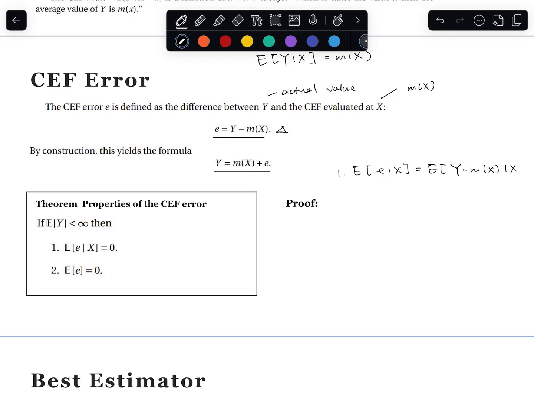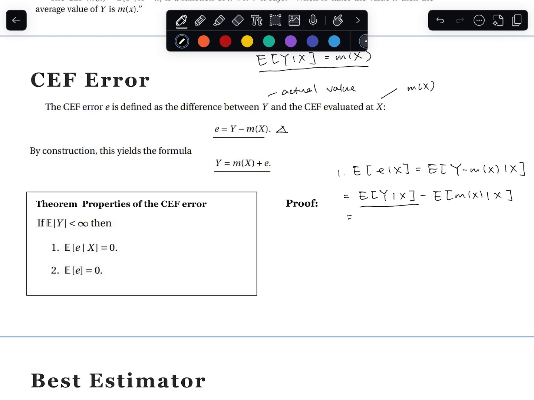And for the expectation, we can separate it into two parts, and it will not influence the value. Then recall that this one is just m(x).